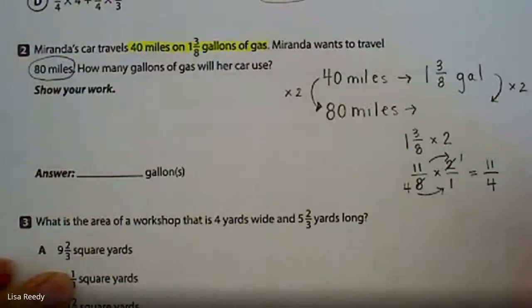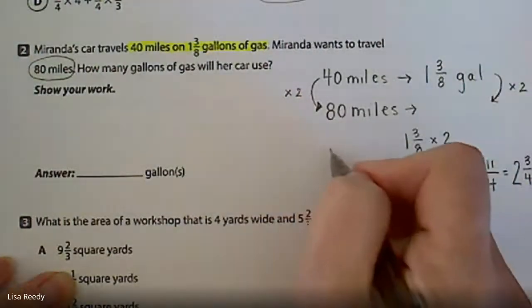Now we know that we don't leave improper fractions as our answer. So we're asking ourselves, and this is one we can do in our heads, how many times does 4 go into 11? It goes in 2 whole times, that is 8. With how many left over? 3 out of 4. If you want to see that with long division, I'll do it right over here.